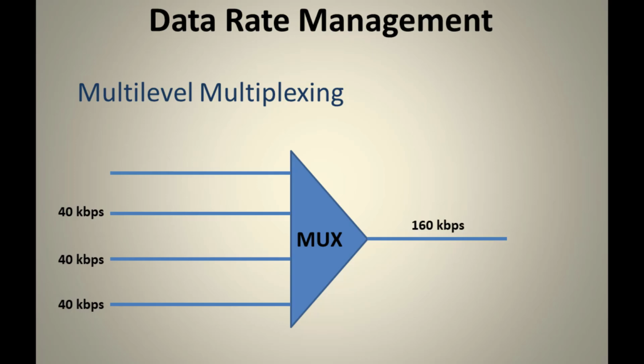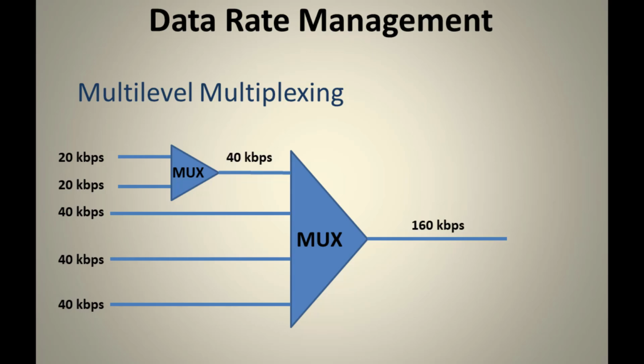What we are going to study is multi-level multiplexing. Suppose we have 5 channels such that 3 have a speed of 40 kbps, but 2 have a speed of 20 kbps. What we do in this case is introduce one more multiplexer, which combines these two 20 kbps signals into 40 kbps.